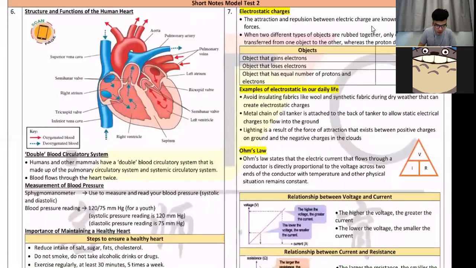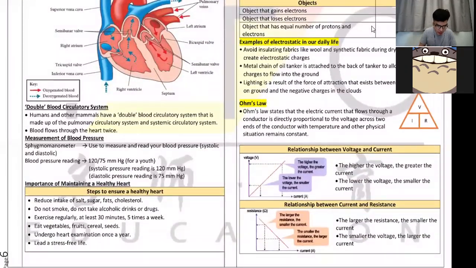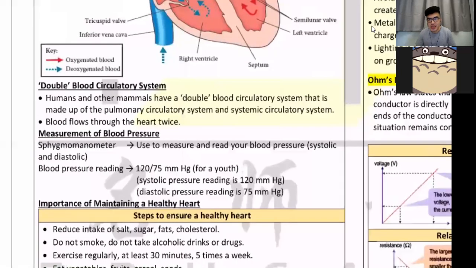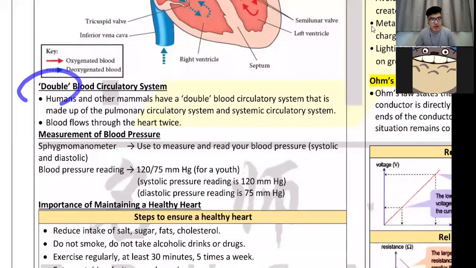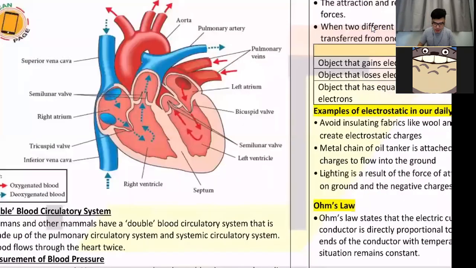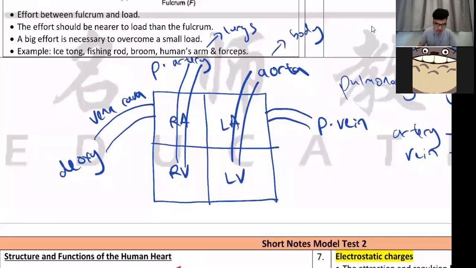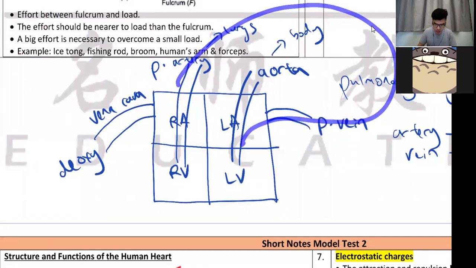All right, so our circulation system is called double circulation system. Why is it double? Because one cycle is to go to the lungs and come back. One cycle is to go to the body and come back.